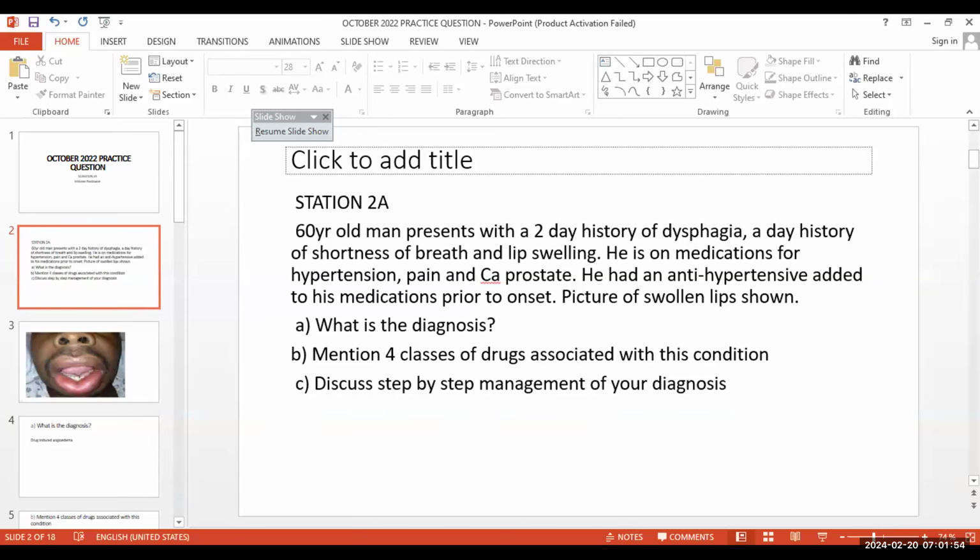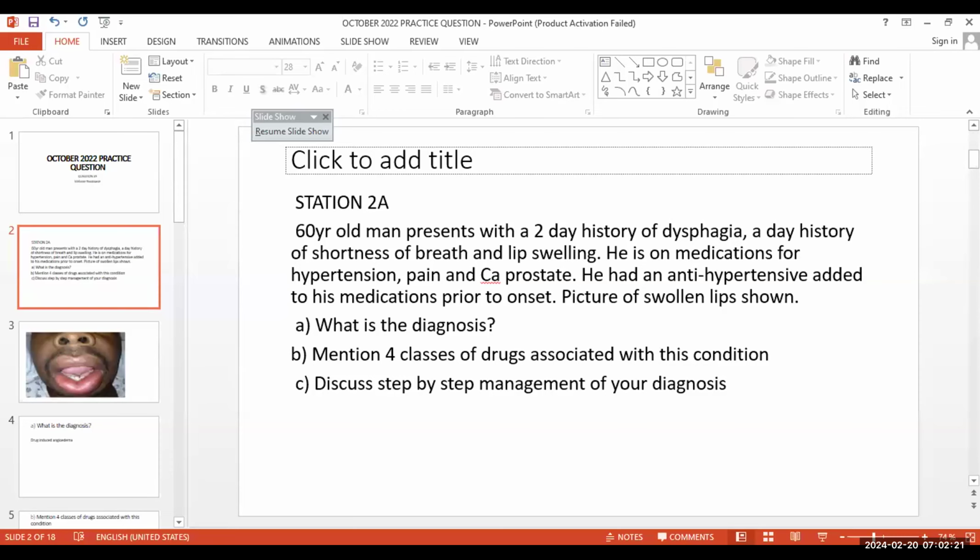In angioedema, when it affects the respiratory tract and the GIT, one can present with this shortness of breath and dysphagia. And secondly, this patient has been on antihypertensive medications and drugs for pain and CA, and had no problem. But as soon as a new antihypertensive drug was added, he developed all these symptoms.